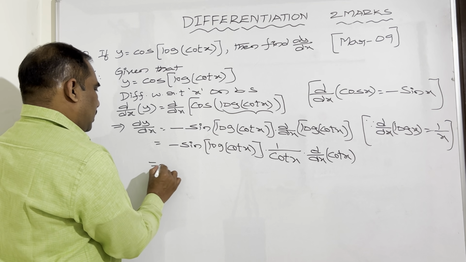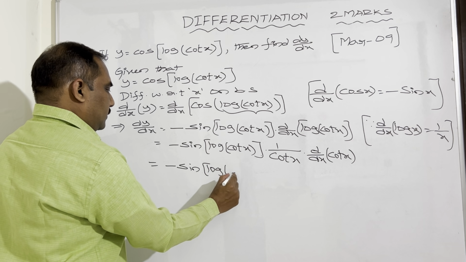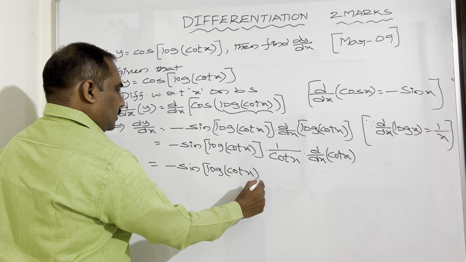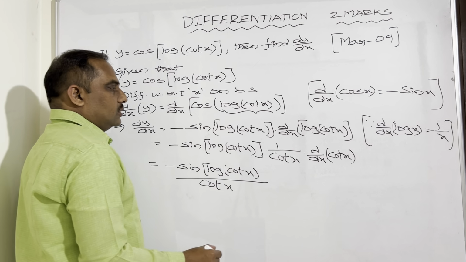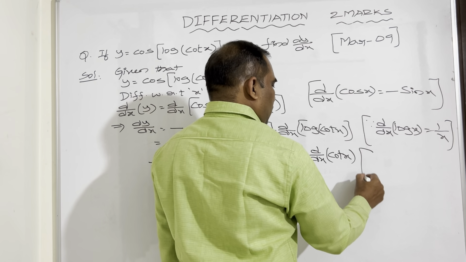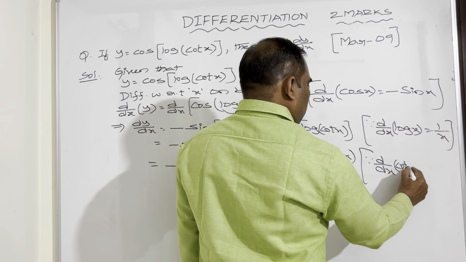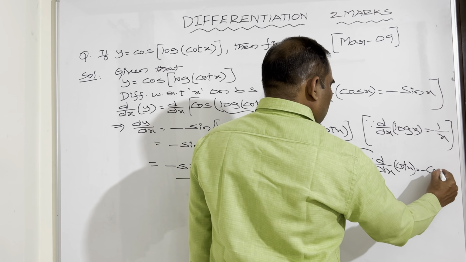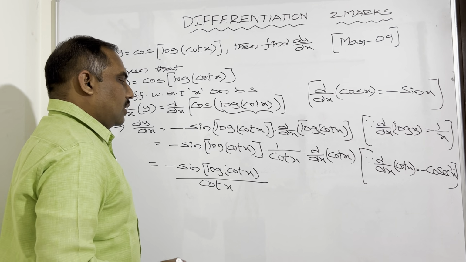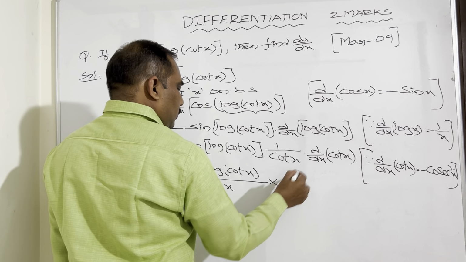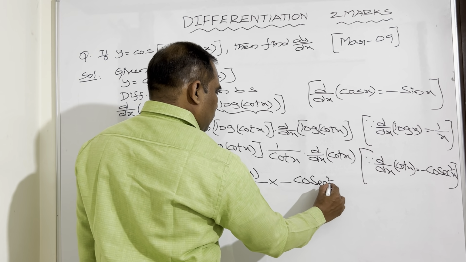Now we get minus sine of log of cot x, whole divided by cot x, and here the derivative of cot x, we know the standard form, d/dx of cot x is equal to minus cosecant square x.